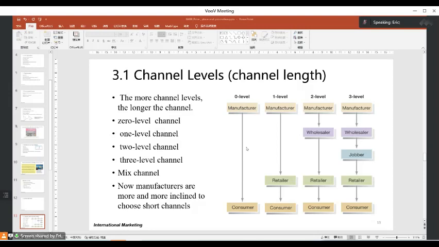You can choose this one, zero level. Obviously, you will find it's an impossible task to accomplish, because so many customers are located in different areas of the country. The country is so big, so this zero level channel we can't get. It's ideal, but we can't get it.